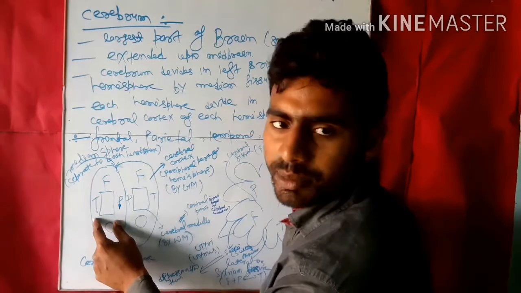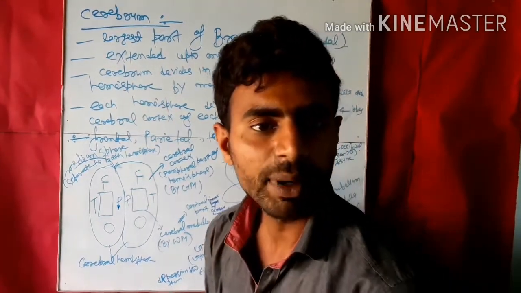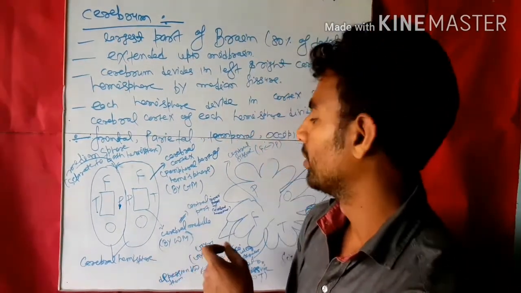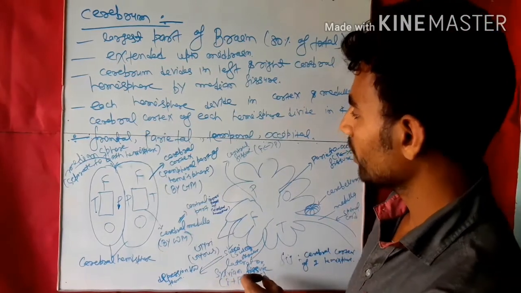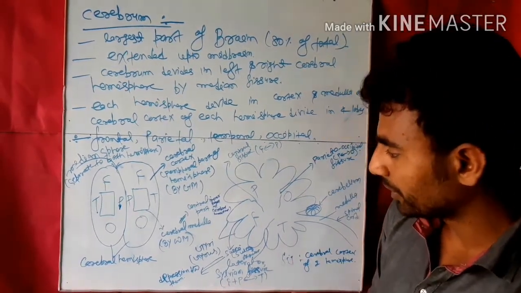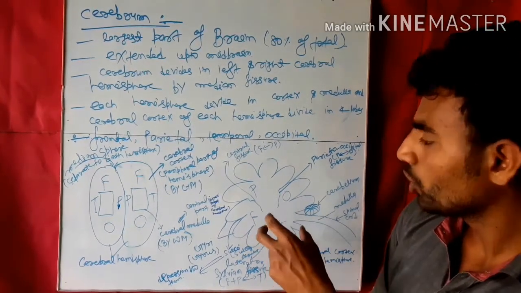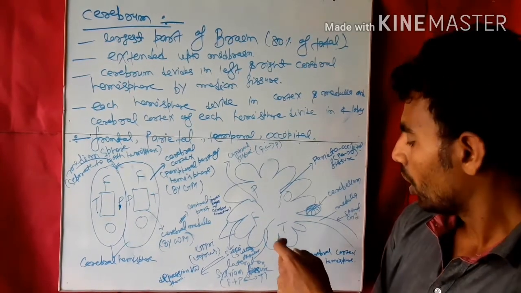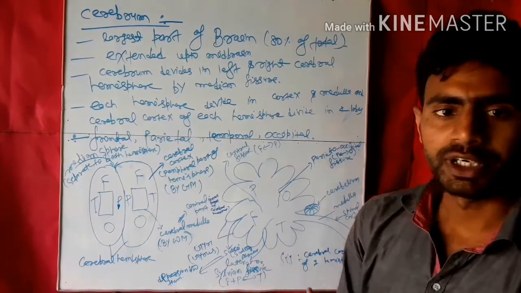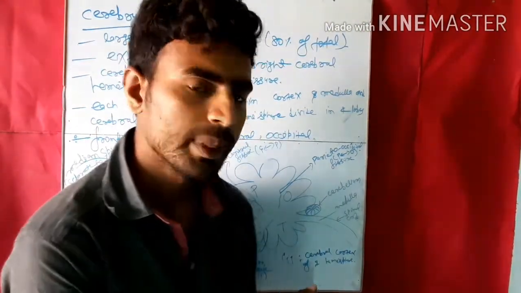Each cerebral hemisphere is divided into four parts: frontal part, parietal part, temporal part, and occipital part. Here you can see the figure of the cerebral cortex of one hemisphere.